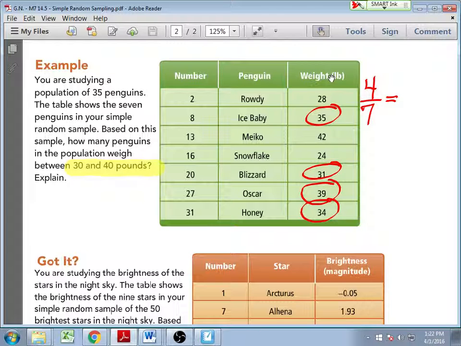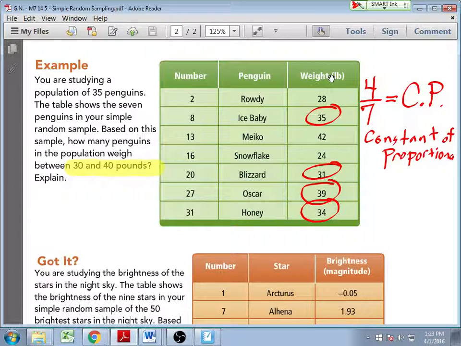It's our constant of proportionality. I don't have lots of space, but if you could not think of that, you should probably write the whole thing out. Constant of proportionality.